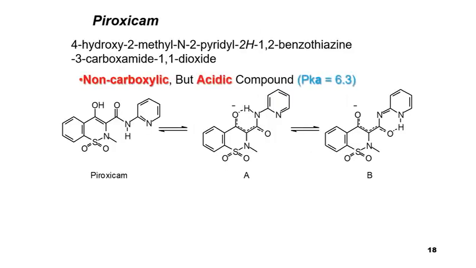Let's see the piroxicam, which is the prototype of this class, and let's examine how the anion produced is sufficiently stable that the acidity of this compound, their pKa, is reaching 6.3. So they are considered as enolic acids, and they are stabilized from the point of view of anion formation, so that they are able to fit on the active site of the receptor.